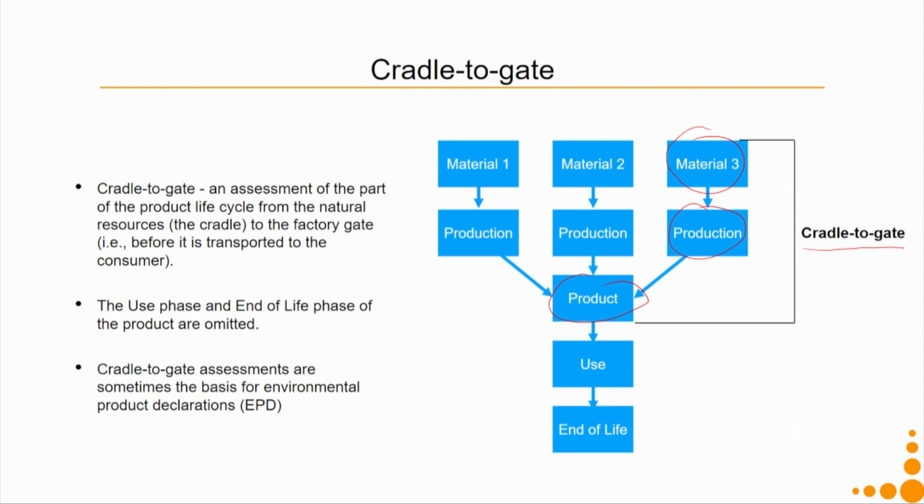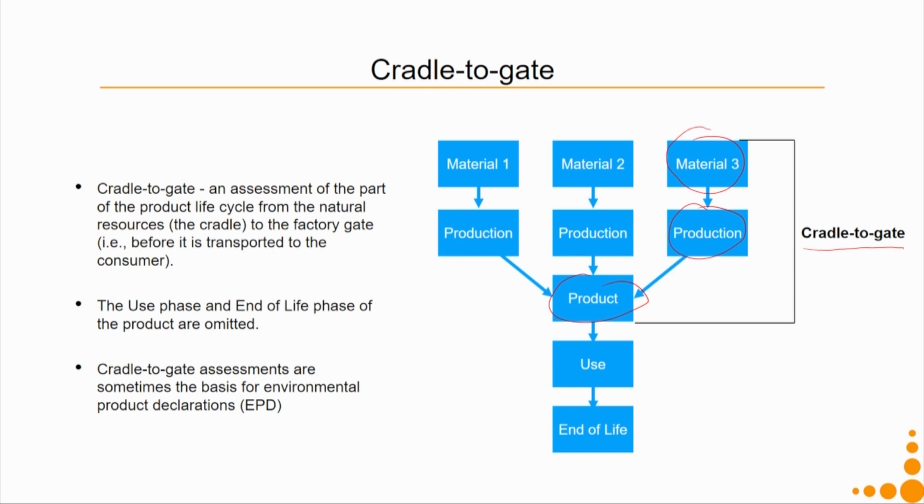The use phase and the end of life phase of the product are omitted in this particular case. Cradle to gate assessments are sometimes the basis for environmental product declarations. Because the manufacturer does not have much control over the use and the end of life, they usually declare the cradle to gate environmental impact in their environmental product declaration reports.